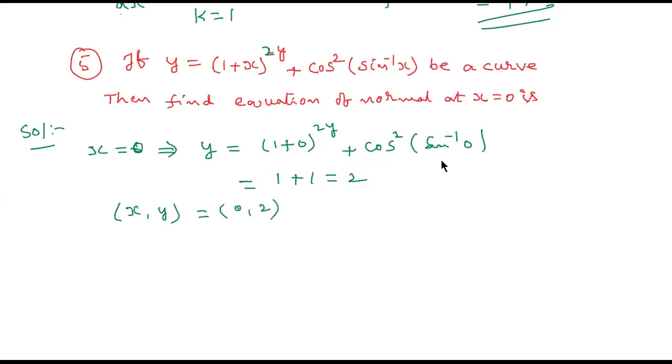They are asking the equation of normal, but we need the slope of normal now. So first find the slope of tangent. Apply the differentiation. Dy by dx, that is equal to, this is f of x power g of x.